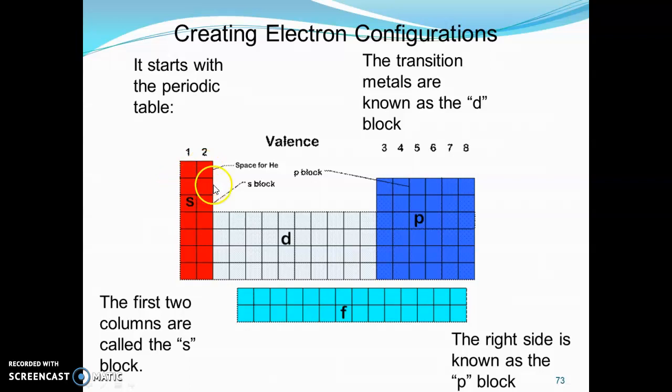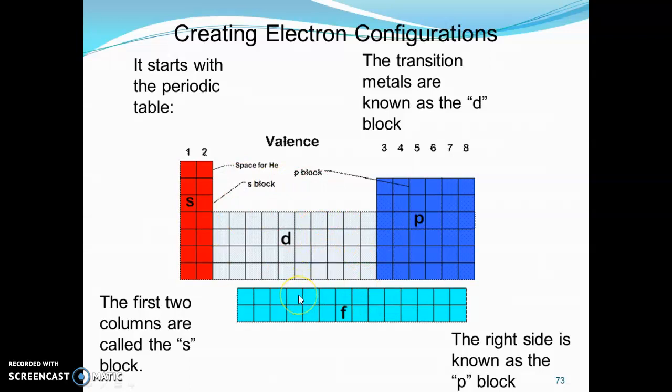And then 2s, then 2p, 3s, 3p, 4s, and then this was the weird one, remember, 3d, 4p, 5s, 4d, 5p, 6s, and then 4f, 5d, 6p, 7s, 5f, 6d, and 7p.